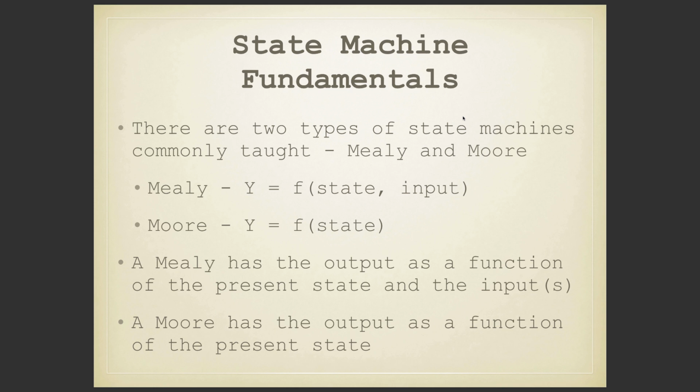Whenever you see a function, you think of a combinational cloud. For a Moore machine, the output is strictly a function of the present state. The implementation I'm going to recommend, we'll see, is a further definition of a Moore.